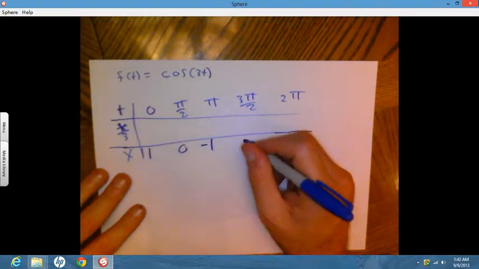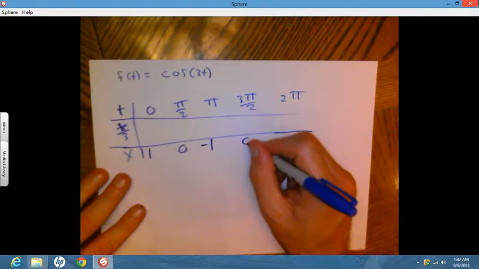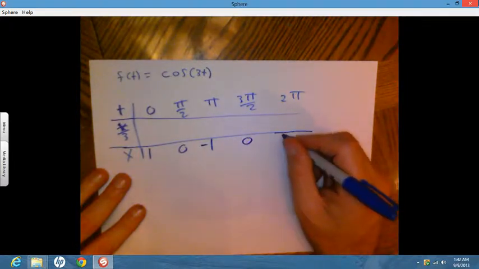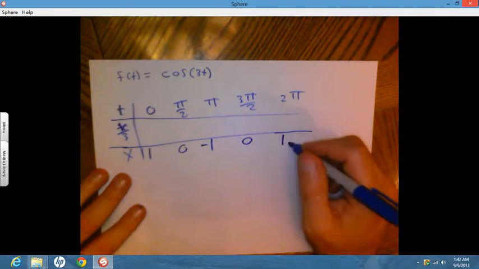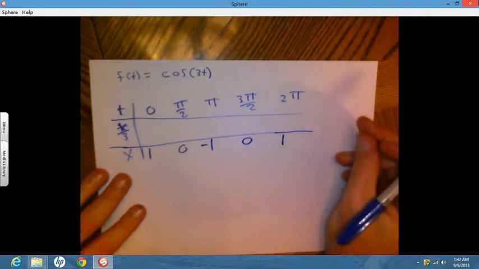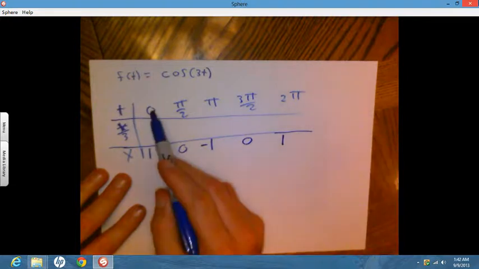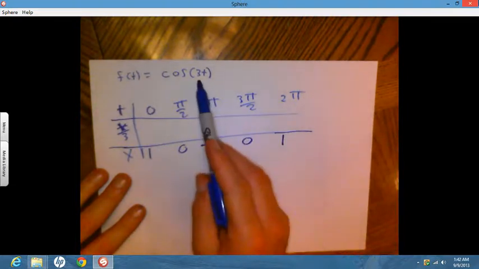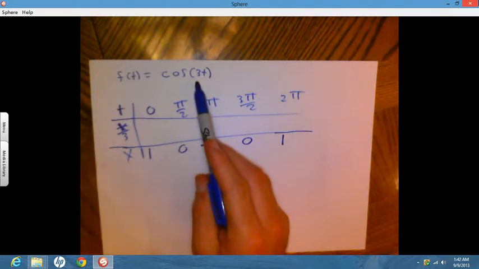Now what I'm going to do is divide each of these angles by 3. So when I have something of the form bt, I'm dividing by b. If b is 1, then t divided by 1 is t. It doesn't change anything. So 0 divided by 3 is 0. Pi over 2 divided by 3, or it's the same thing as multiplying by 1/3, is going to be pi over 6.